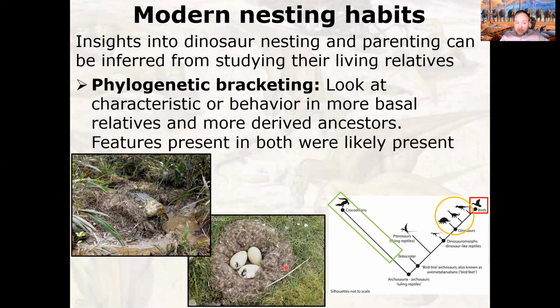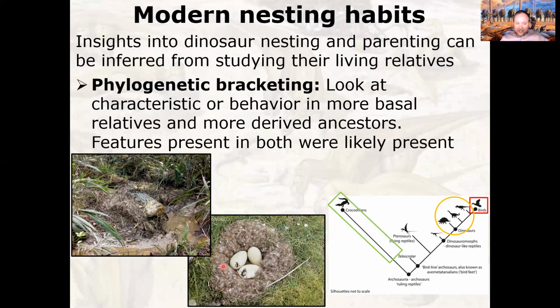Whereas birds tend to have more open nests. In some cases they'll use vegetation, and in some cases guano, feces, and feathers to construct a nest, but they don't cover it with that vegetation. It's an open nest on top. Why? Because the bird goes on top.